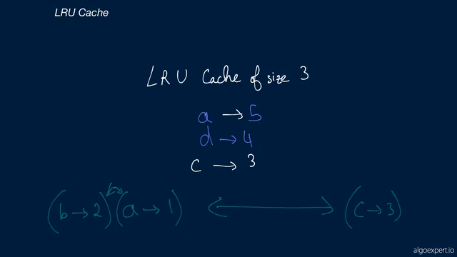But while all of this would be as good or better than an array, we would still have the same sort of pitfall, which is, how do we find a specific key value pair? If I tell you here in this linked list that has B2 as the head, C3 as the tail, and A1 in the middle, get me the value from the key A, how do I find that?